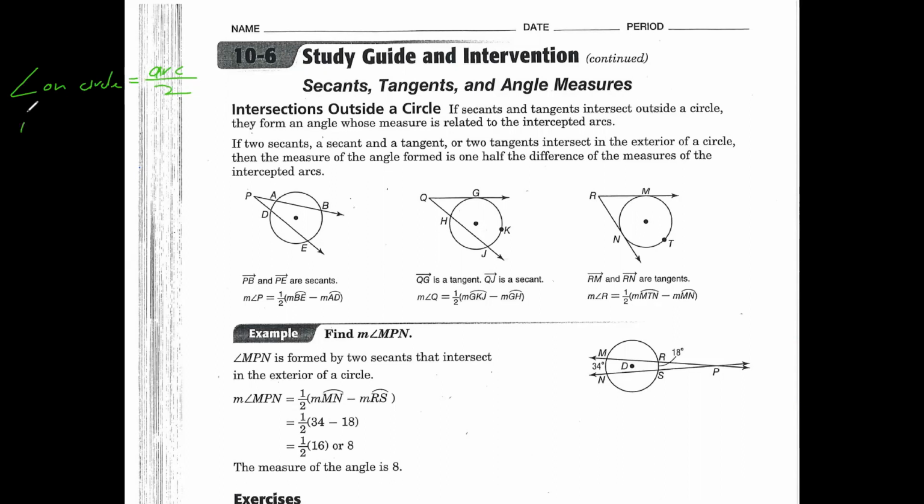Then you had an angle on the interior: the interior angle is equal to the first arc plus the second arc, divided by 2. Then we had an exterior angle, which was equal to the big arc minus the little arc, divided by 2.